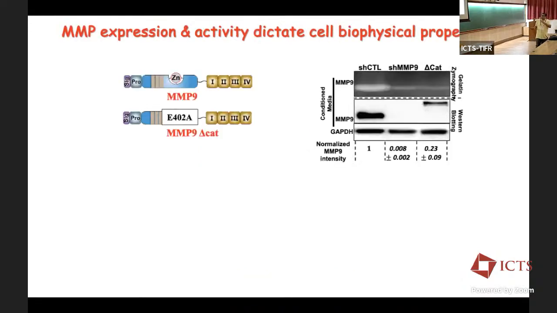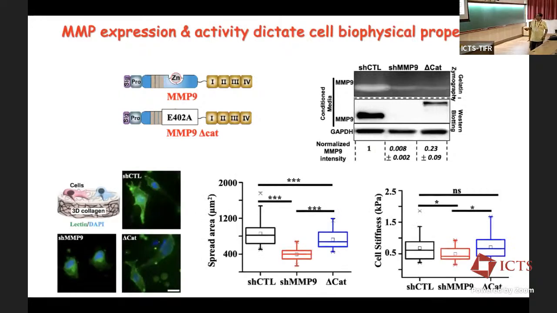And for doing that, once again, we took these cells that we have established before, right? My knockdown cells or shMMP9 cells, same thing, and cells re-expressing the catalytic inactive mutant.